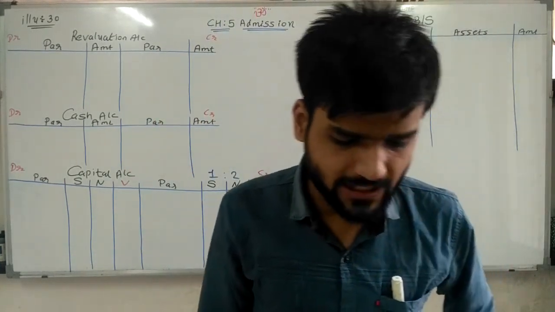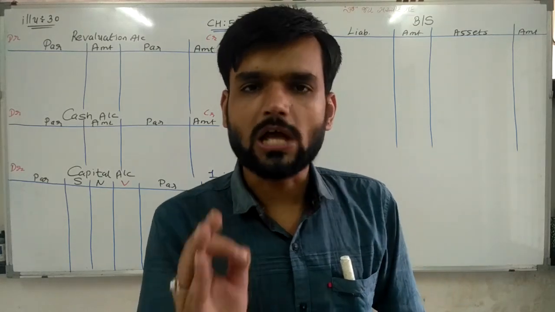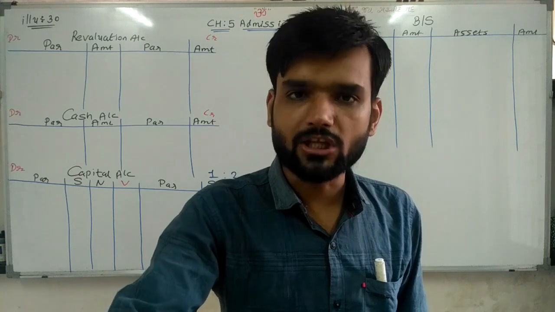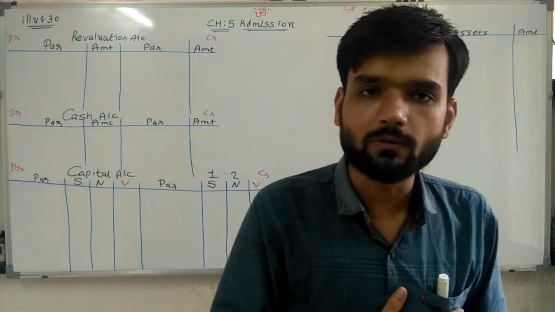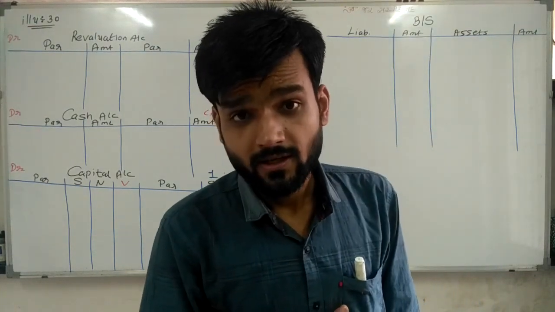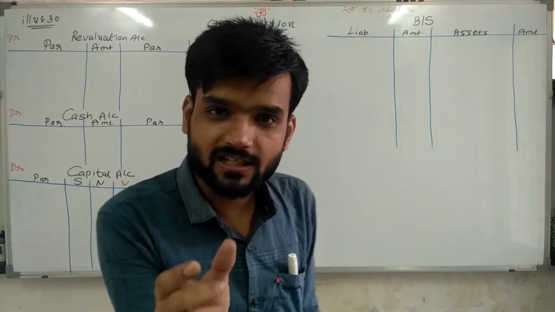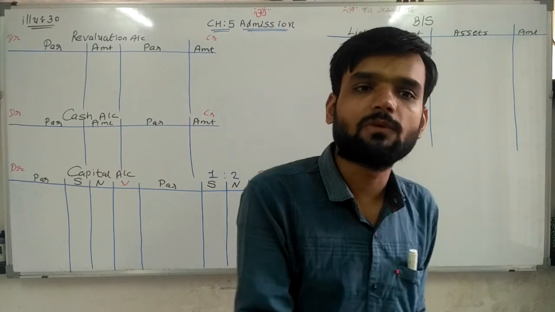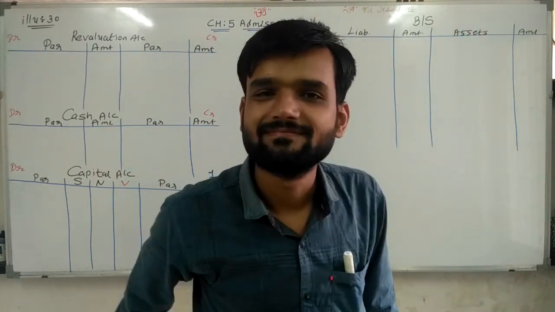Bad debt reserve is to be kept 5,000 on debtors. So now we need to keep bad debt reserve 5,000. So see in the balance sheet. Is there any bad debt reserve given? Yes. Here one twist is also there. That is, bad debt reserve is given on the liability side.